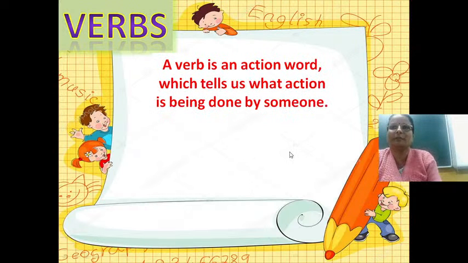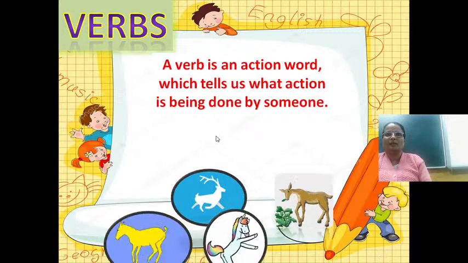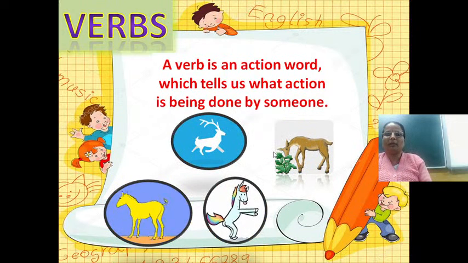What is a verb? We have discussed in the last class, and we came to know that a verb is an action word which tells us what action is being done by someone or something. For example, I told you Raju is jumping. Jumping is the action which is done by Raju.